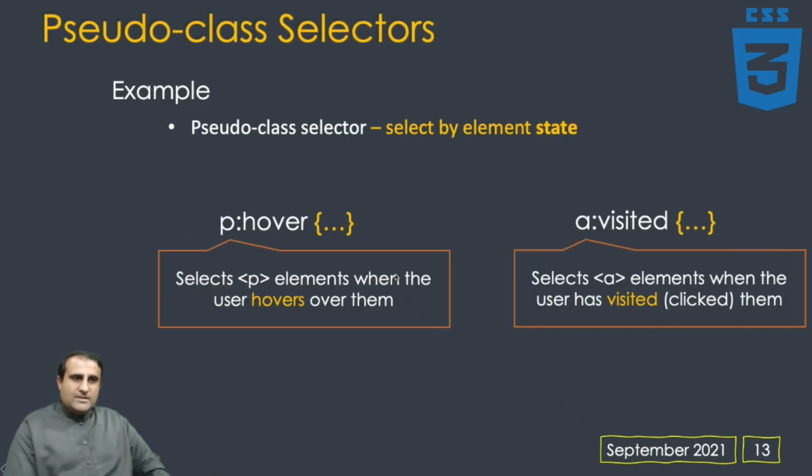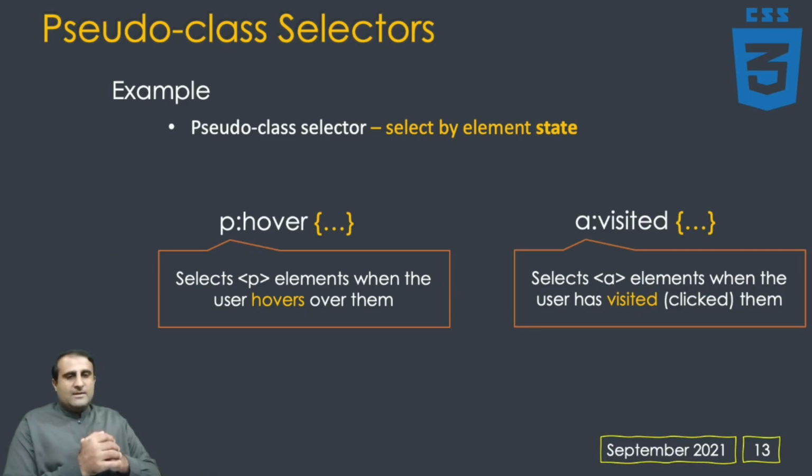Next, we see the pseudo selectors, or pseudo class selectors. The pseudo class selector is the state of the element. This style will be applied only when a particular element enters a particular state. For example, the hover state is when the user hovers over a particular element. In case the mouse pointer is over something, this element will enter the hover state.